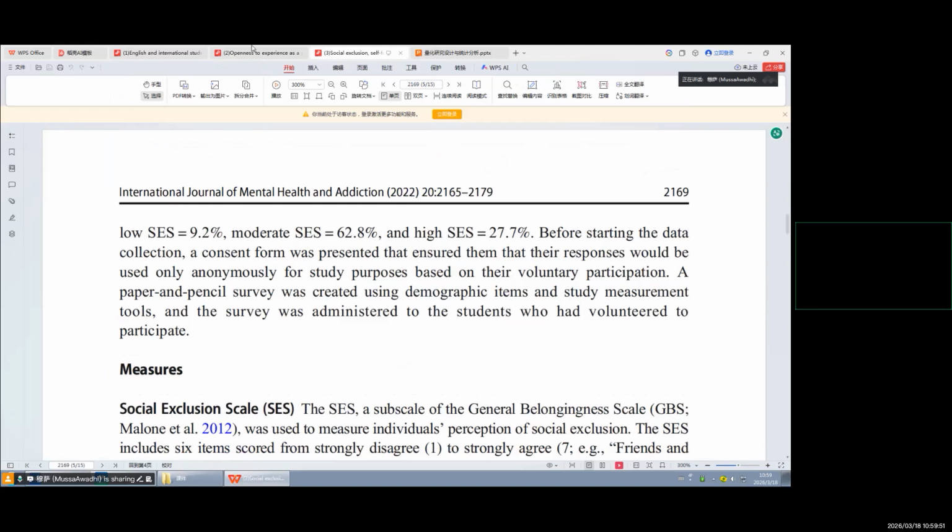Okay, this is the third one. For this article, is there significance in this article? Of course, right? Also significance, but the relationships in this article are more complex than the previous one.